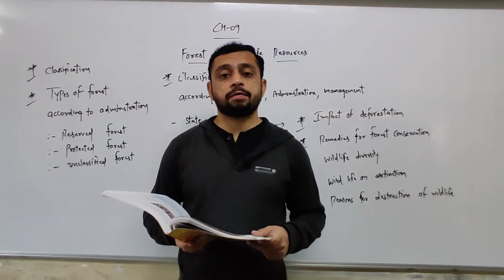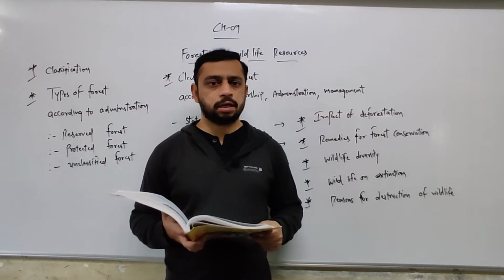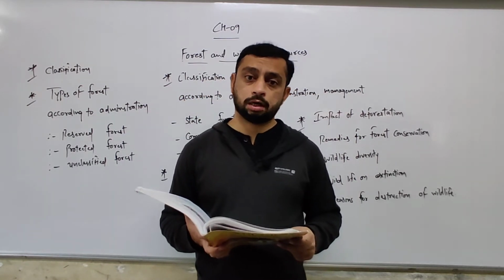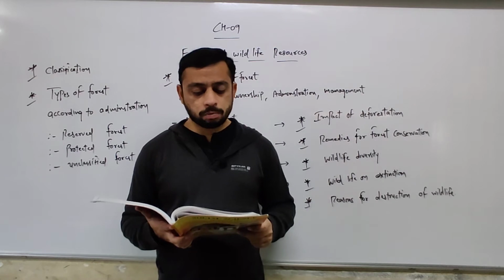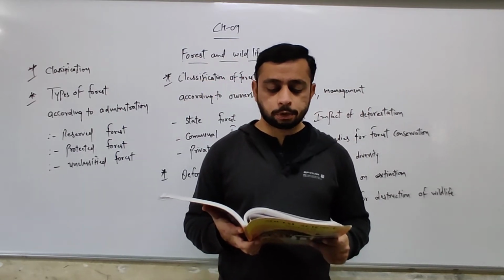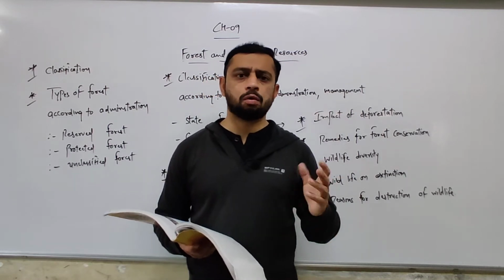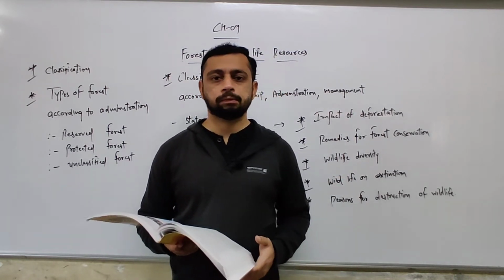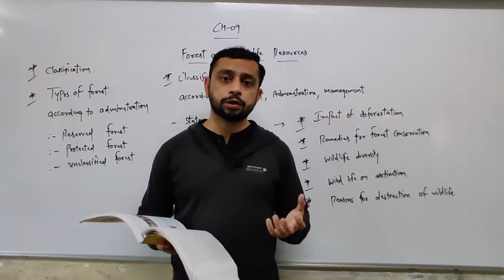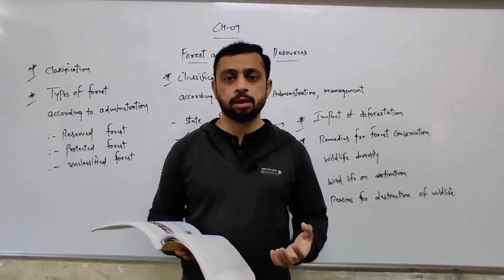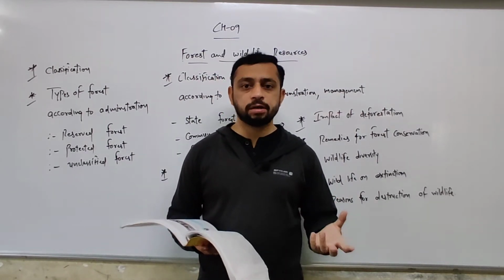remedies for forest conservation. Now what are the steps or remedies that should be taken for forest conservation? The research should be carried out to find the option of wood. A kind of research should be done by the scientists, on what is the next option for wood, right? Because the demand for wood is constantly increasing in this world, where will the wood come from? From the trees. Where are the trees?